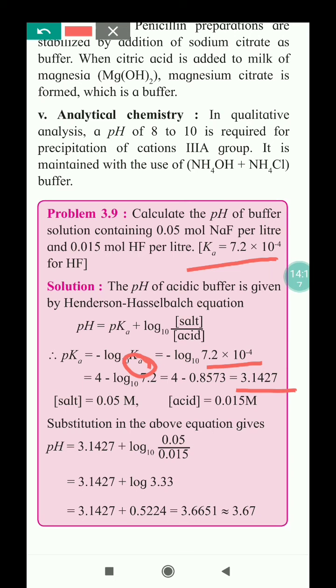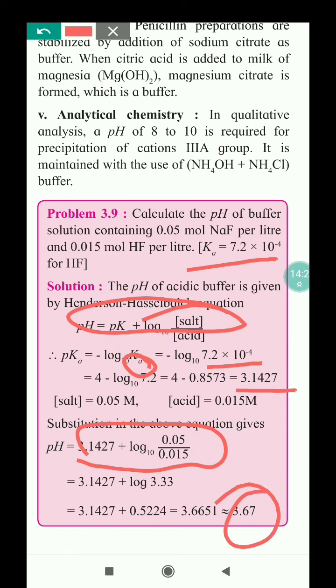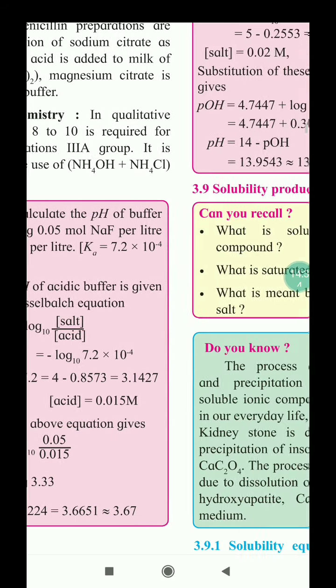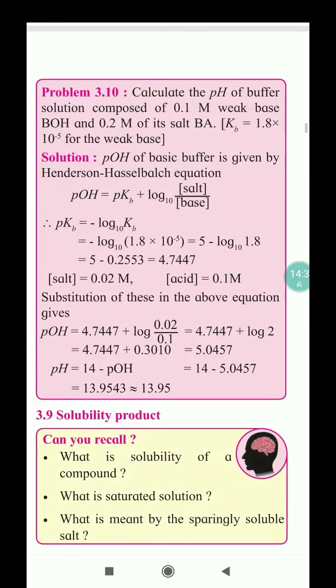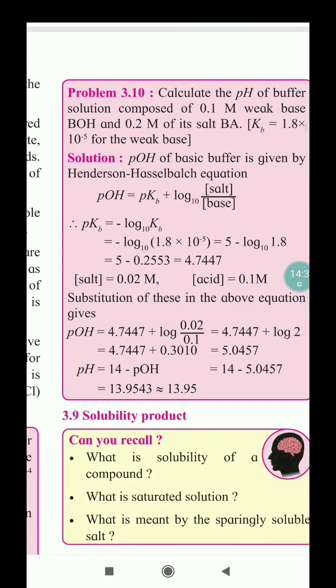Substituting these values in the given equation, we get pH, after calculation, as 3.6651. Okay, so by solving this, similarly, calculate the pH of a buffer solution.